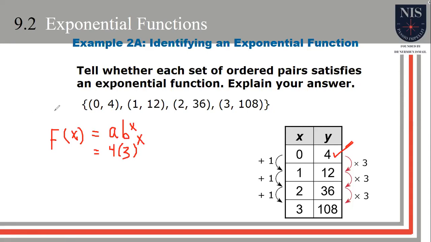So to write a function related to this set of ordered pairs, it will be a times b to the power of x, where a is the starting value and b is the constant ratio every time, all to the power of x. Understood? Yes. Let's move to the next question.